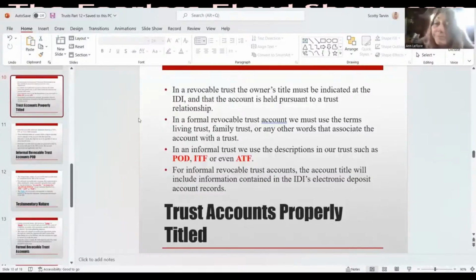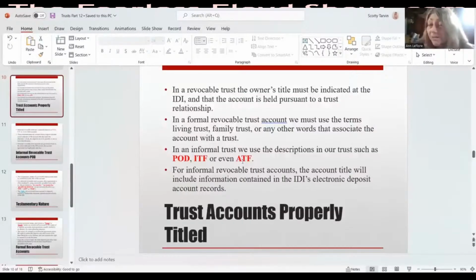For informal revocable trust accounts, the account title will include information contained in the IDI's electronic deposit account records. So here we go. Most people who own bank accounts, voter registrations, birth certificates, you know, all this stuff, you signed your name, you'll be in the IDI.